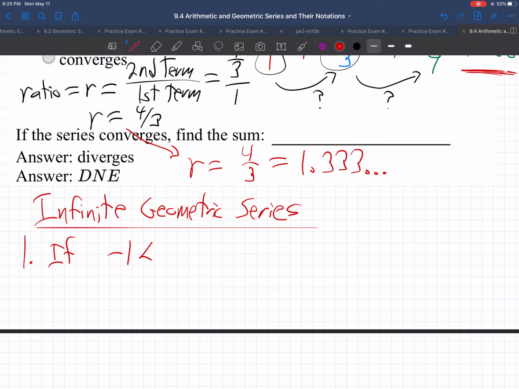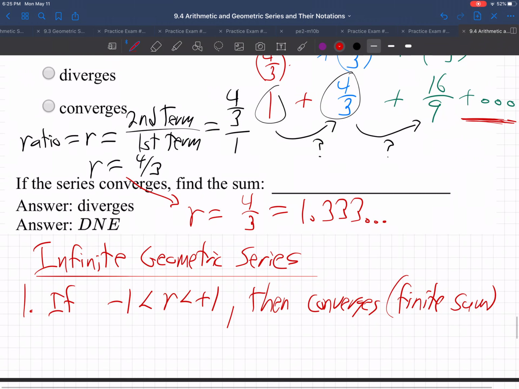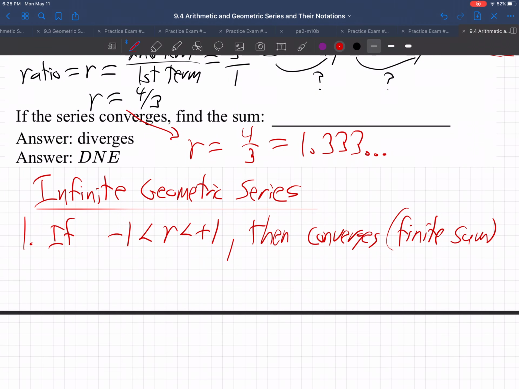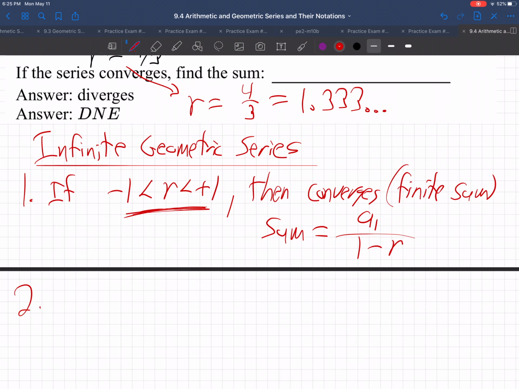if R is between -1 and +1, then it converges, which means it has a finite sum. Even though there's an infinite number of terms, they add up to a finite sum, and that sum equals A1 over 1 minus R. But you can only use this formula if R is between -1 and +1.